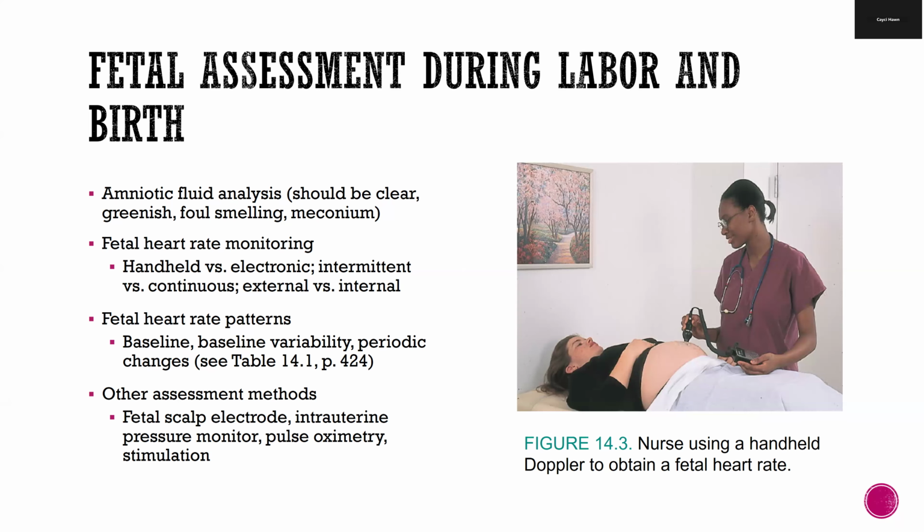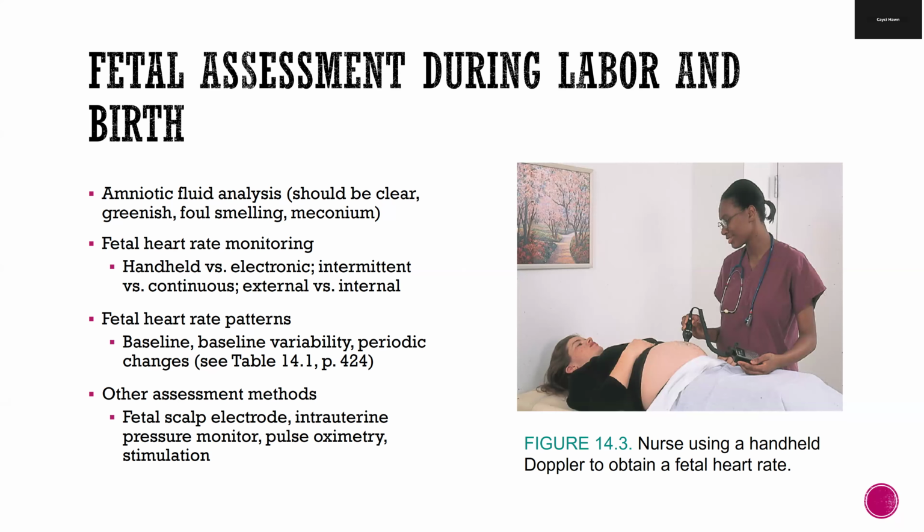So in your book, you're going to be looking at pages 424 and 425, and all the way through 427. This is looking at what baseline fetal heart rate means, and that's over a 10-minute segment, minus any kind of accelerations or decelerations.